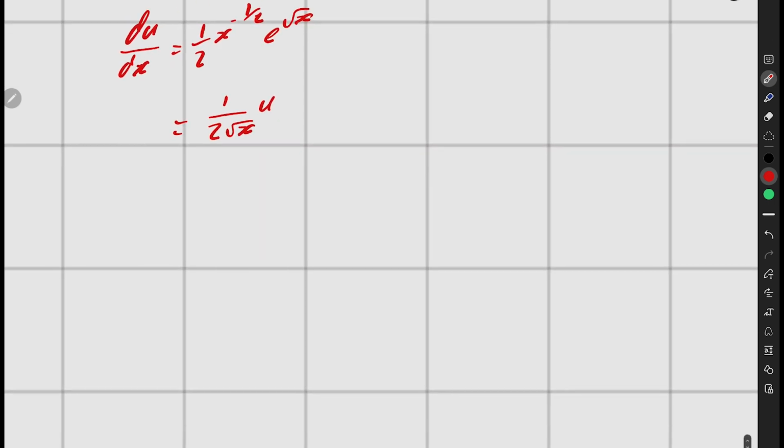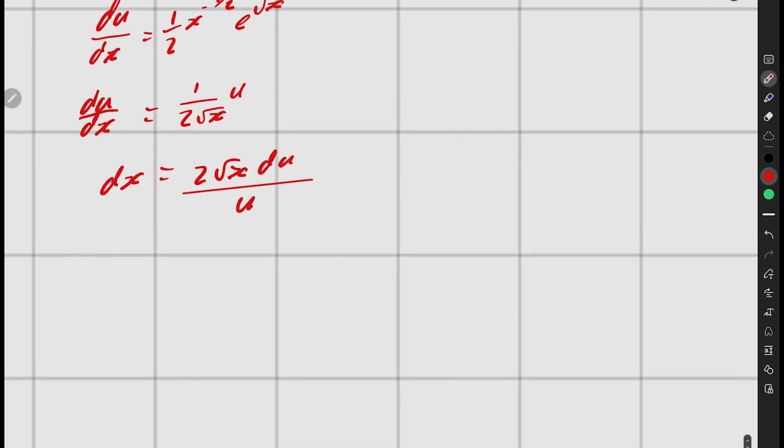And let's solve for dx. dx is going to be equal to 2 root x du all divided by u.